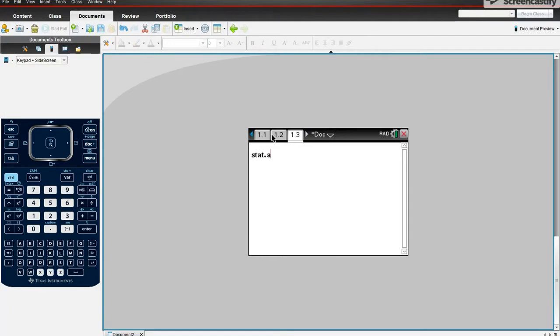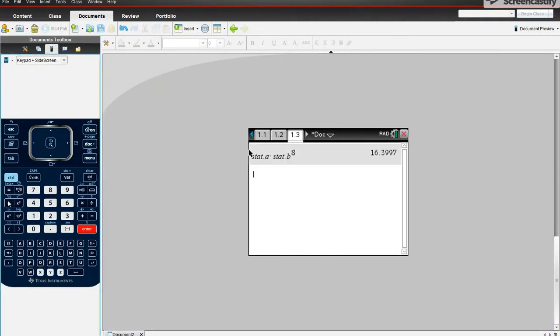We're going to pick A because the calculator already remembers it. And then times var B, this time caret 8, and enter. And that gives you the answer to that equation.